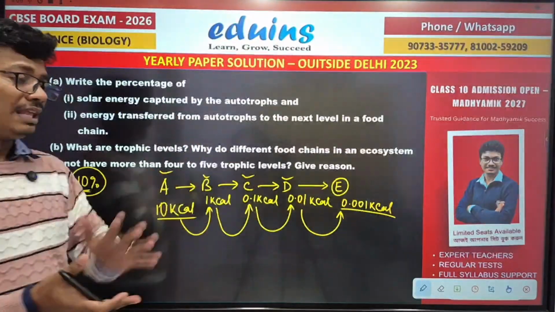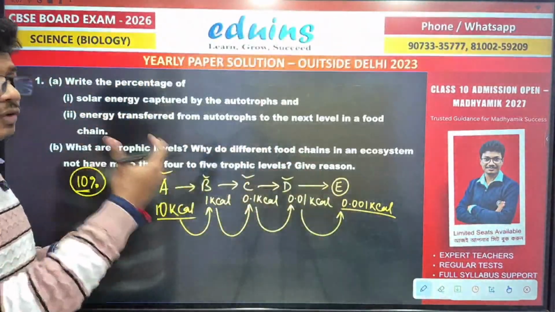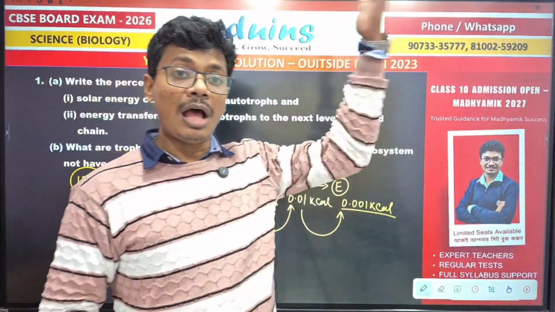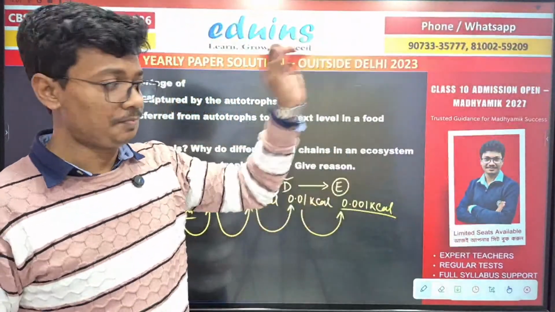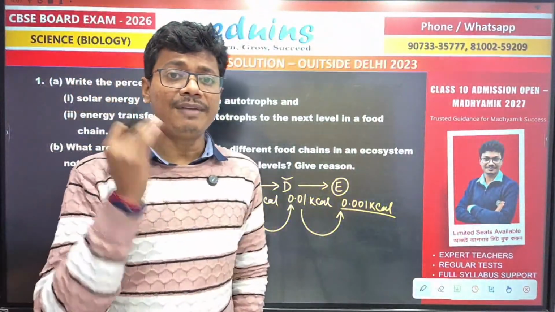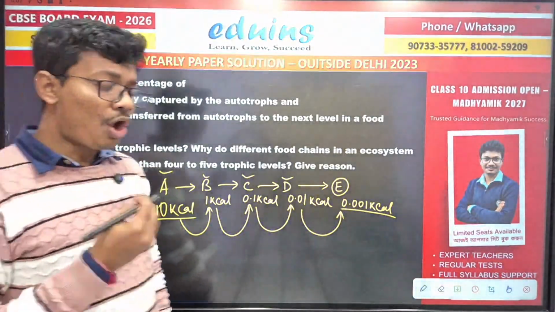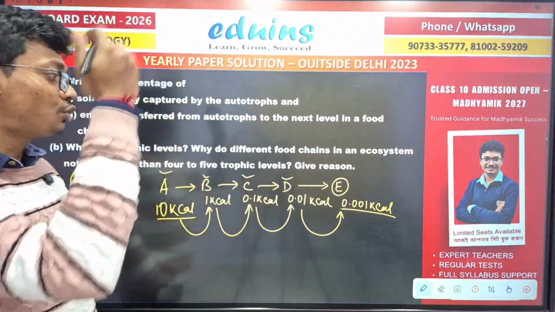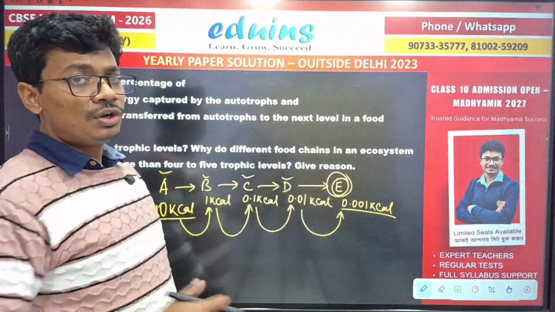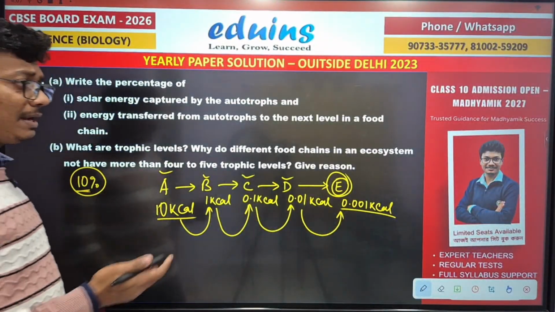So if in a food chain there are more than 4 to 5 individuals or 4 to 5 trophic levels, the energy transferred to the uppermost or the last trophic level will be very less, which is not sufficient for the final or the tertiary or the ultimate consumer.